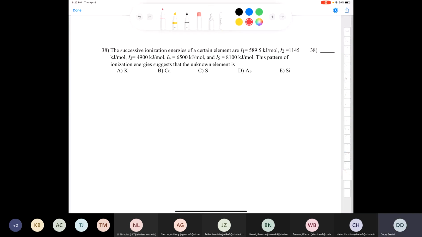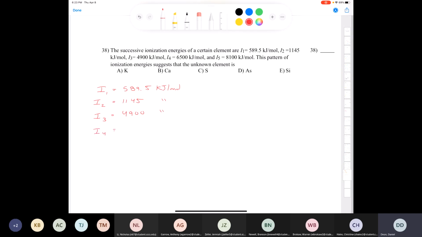Question number 38 also deals with ionization energies. The successive ionization energies for an element are I1 is equal to 589.5 kilojoules per mole. I2 is equal to 1145 kilojoules per mole. I3 is equal to 4900 kilojoules per mole.